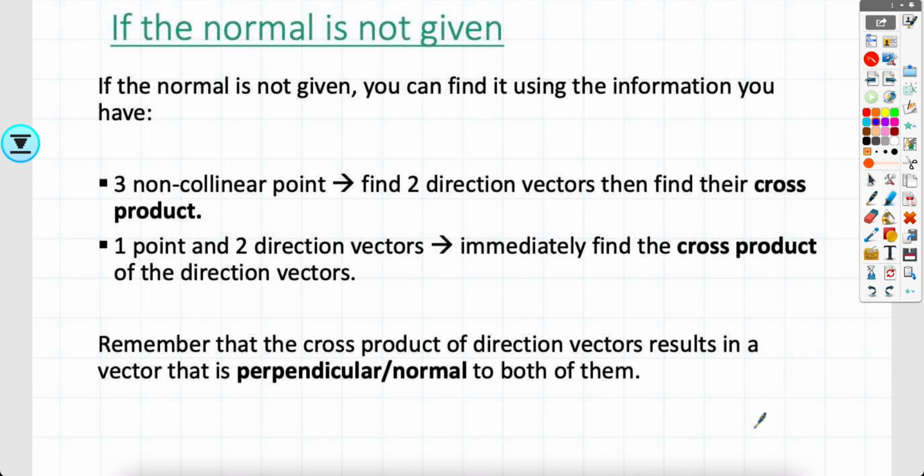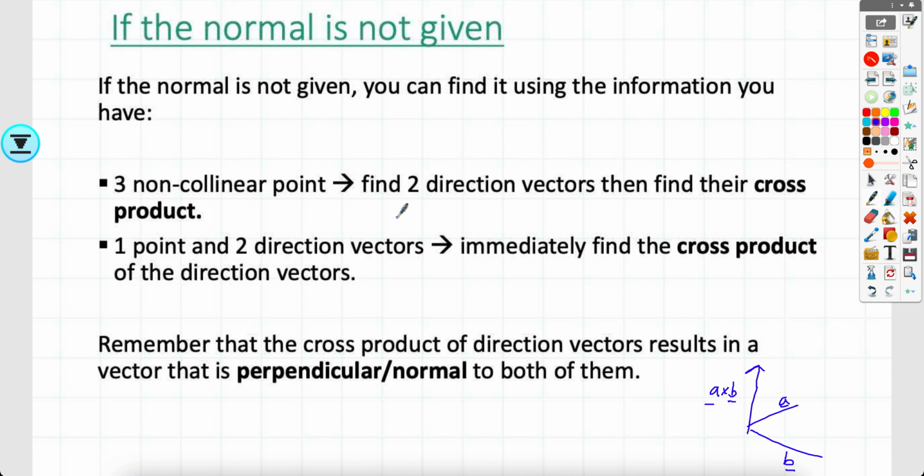If you go back to vector product, I'm writing cross product here, but it's also vector product. If this is A and this is B, then the cross product that you get is a vector that's perpendicular to both A and B. So that's how you get the normal.